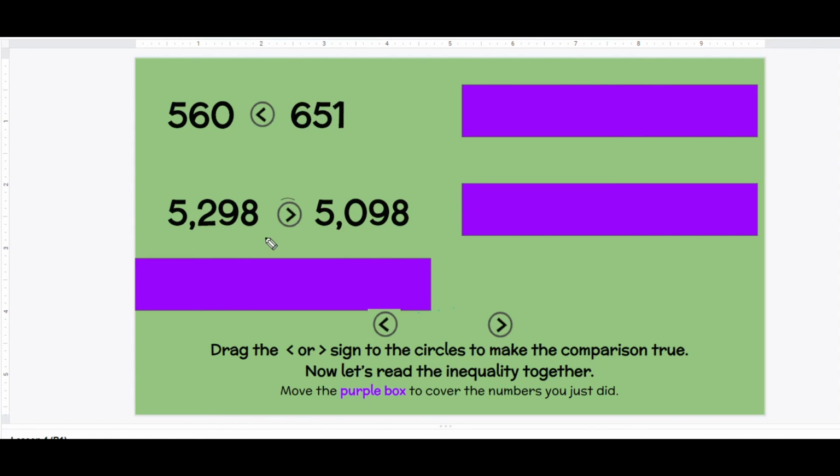So the student leader would draw 5,200, and so on. That's a poor drawing, but you get the point. 5,298, 5,098, then you could compare. You could see that they both had 5,000s, but only this one had hundreds and this one didn't have any hundreds. So this number is greater.